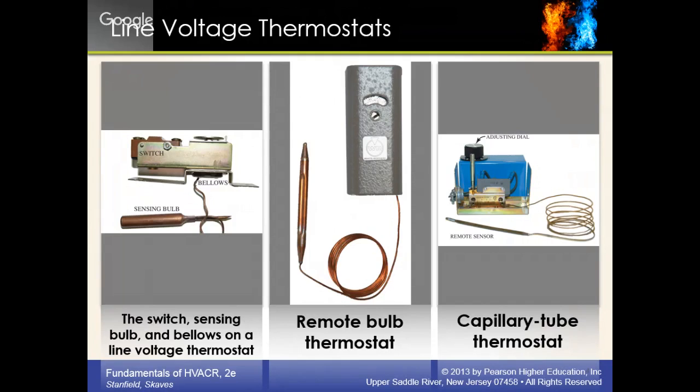But the difference between the remote bulb and the capillary tube is that the capillary tube thermostat, let me read what it says. Bulb on the commercial refrigerator placed inside the cooler with a capillary tube run through the thermostat.